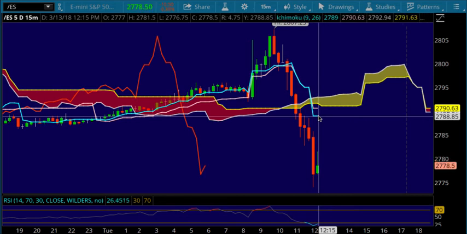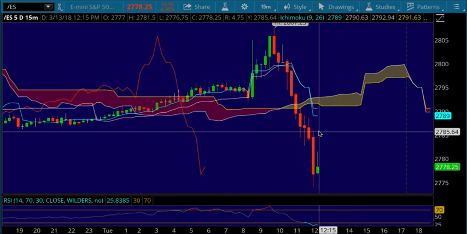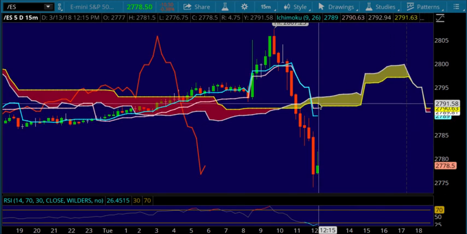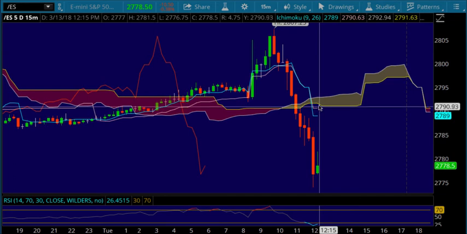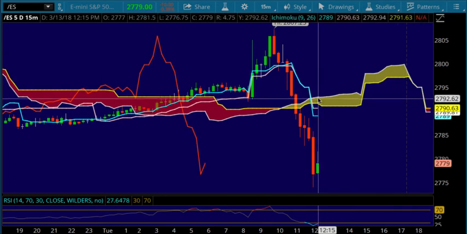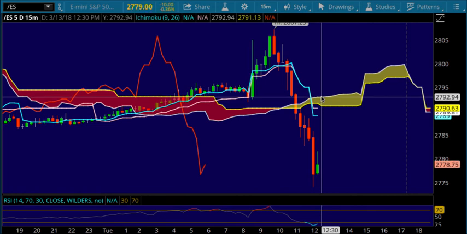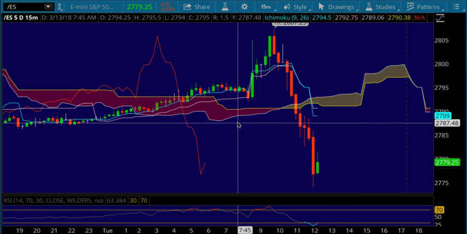If we do get a bounce all the way back to 27.89, then we have some more resistance above at the Kijun-sen at 27.90 and the cloud. If we get back over 27.93 or whatever, then it's much more likely that we could have a bullish conclusion to the end of the day.